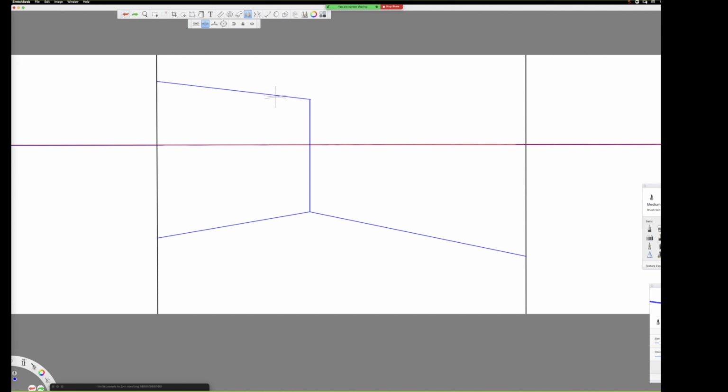Now let's put a door in this wall right here. How would I do that? A doorway into another room. Let's build a doorway into another room.